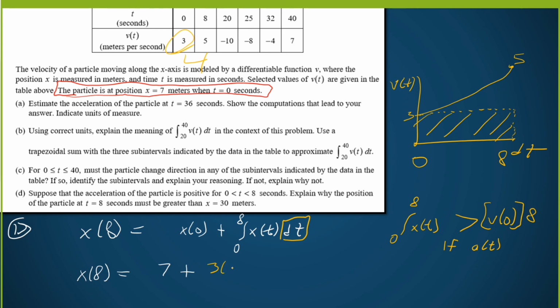Technically possible would be 3 times 8. We know we'll be more than that because we had to eventually get to 5, so the smallest this could possibly be, our position will be greater than this, would be 7 plus 24, which is 31.